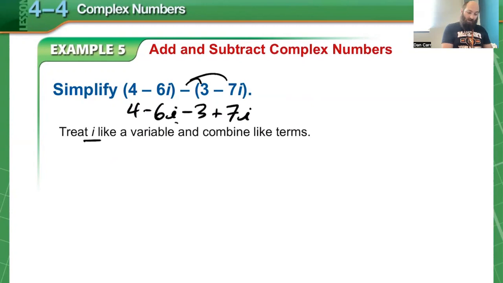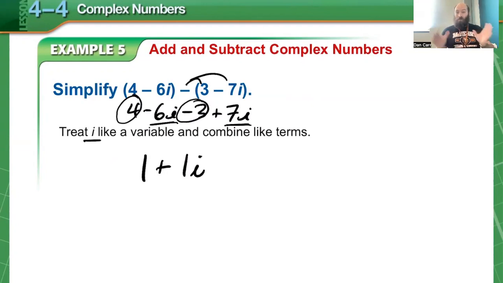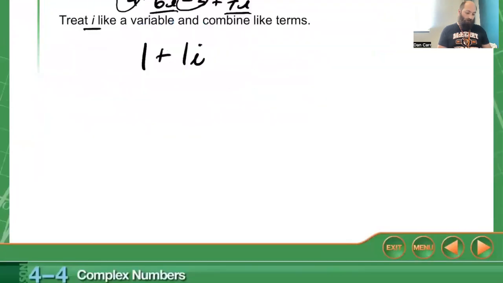Then I combine my like terms, like negative 6 and positive 7, 4 and a negative 3. So 4 minus 3 gives me 1. Negative 6 plus 7 is going to give me 1, but then that's a 1i. So just like if it was an x variable, I keep that as part of my answer. So 1 plus 1i is the simplified version here.